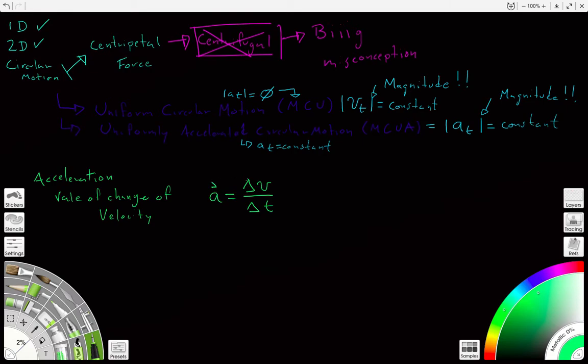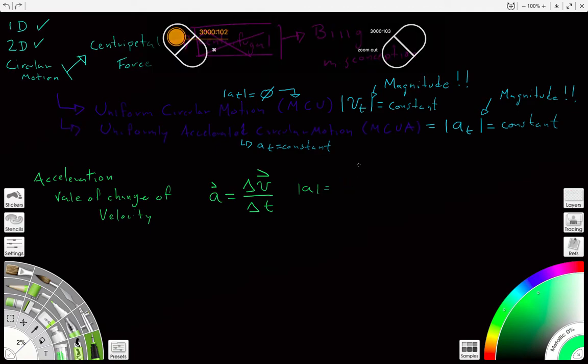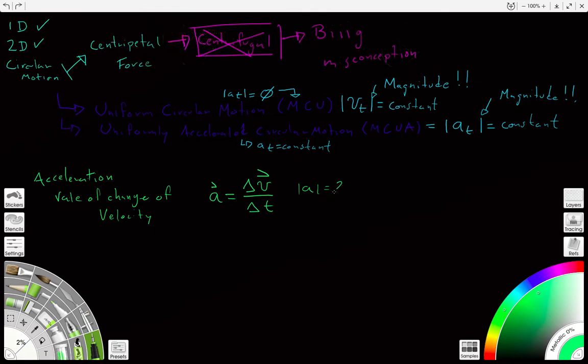Acceleration is a vector quantity, because velocity is a vector quantity. So how much is my velocity changing with respect to time? For example, if I have a constant acceleration magnitude of, let's say, 2 meters per second squared.